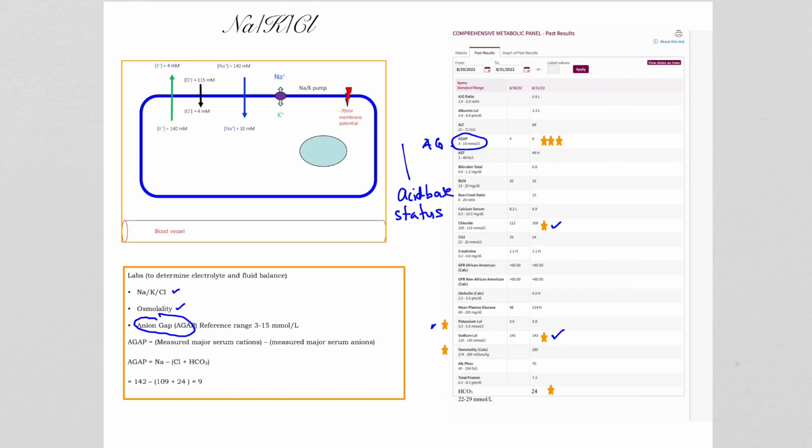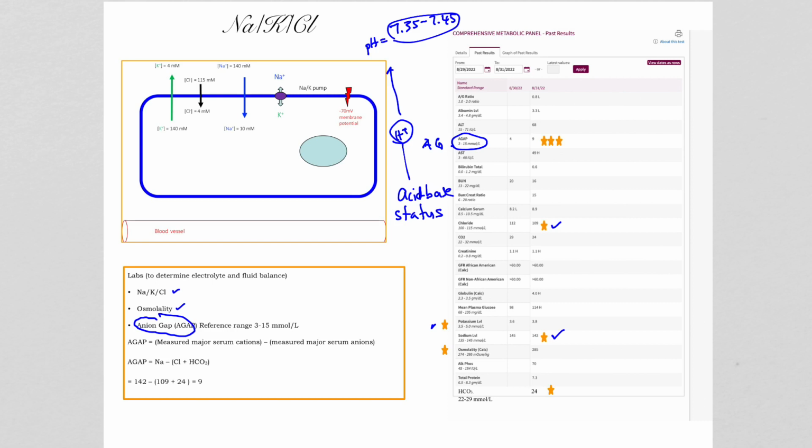Basically, acid, remember, is H+, a very important chemical in the body that affects almost everything. We measure this H+ by pH. And humans have to maintain their blood pH between 7.35 and 7.45.